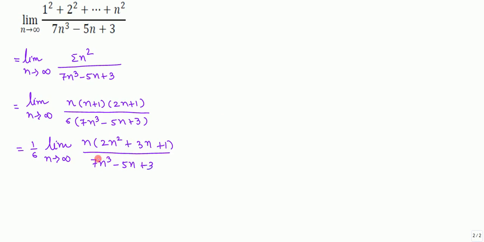Okay, now see which is the highest term. If we multiply the top, 2n into n equals 2n cube. So n cube is the highest term and in the denominator also n cube is the highest term.